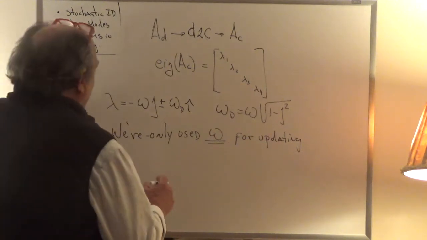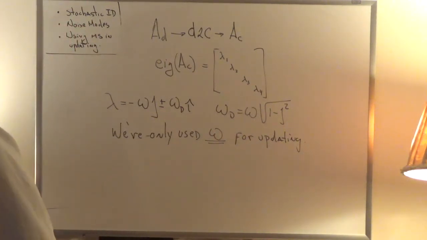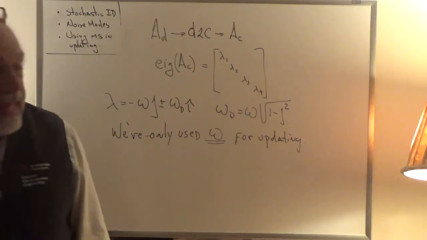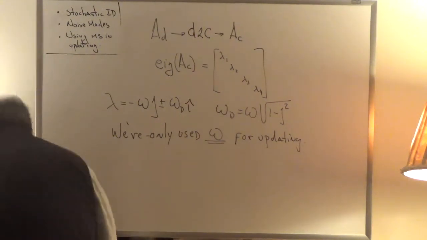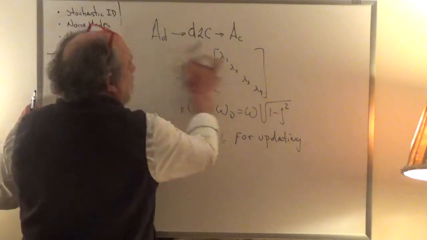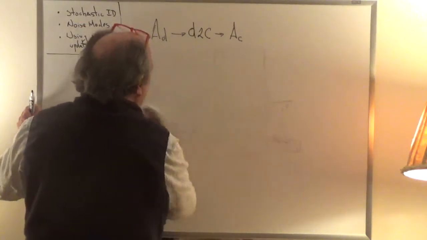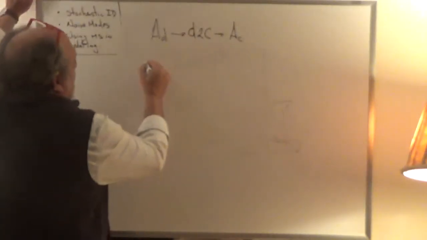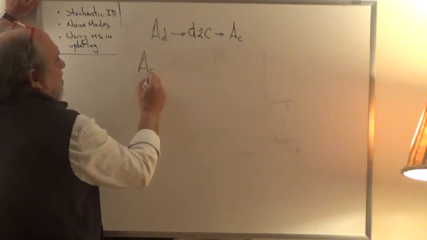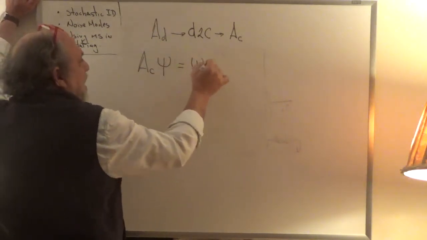Now, how do we get the mode shapes of our structure once we have the A and the C? Well, to get the mode shapes, theoretically we have AC times phi is equal to phi times lambda.